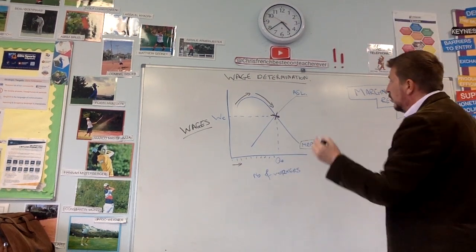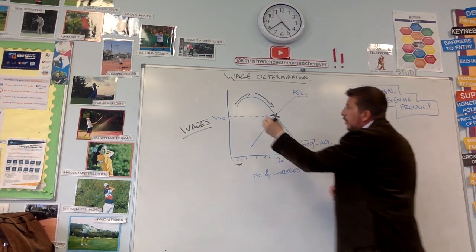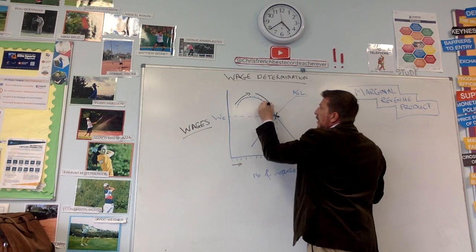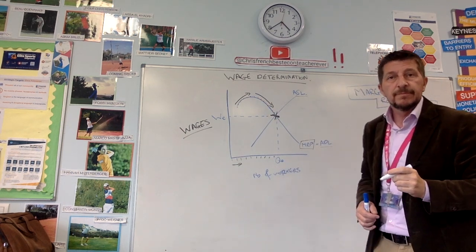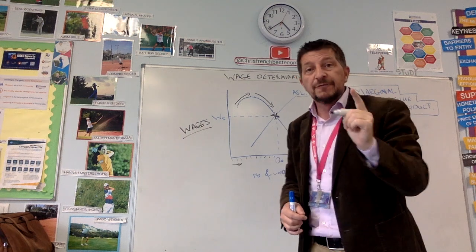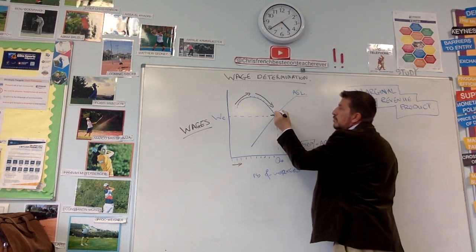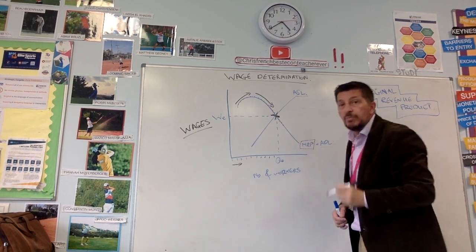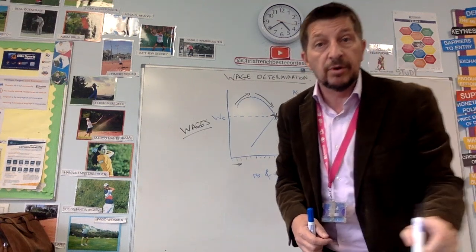Well, the workers that you employ up to here, all of those workers have added more than it costs you to employ them. But after that point, it will cost you more to employ them than they add value to your business. And therefore, you do not employ them.